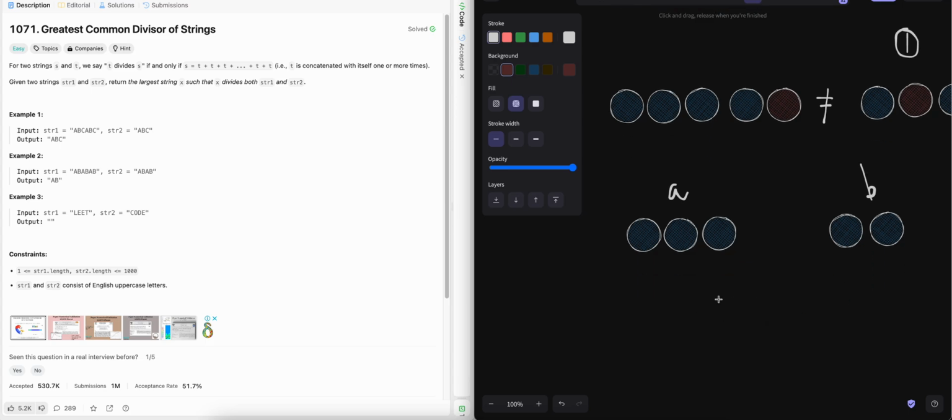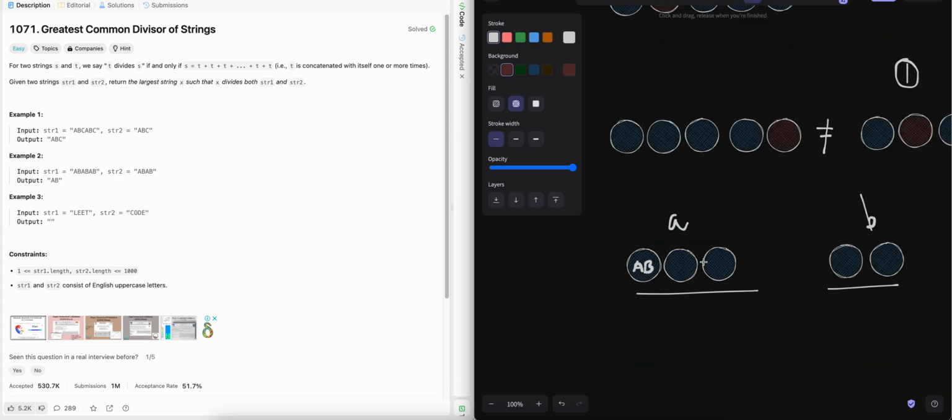Now what each of these represents is AB. This blue block represents an AB. So this is the smallest unit which is present in both A and B. Now we need to figure out what the smallest string is. Just by looking at it we can tell, but from a code point of view we don't know how to figure that out.